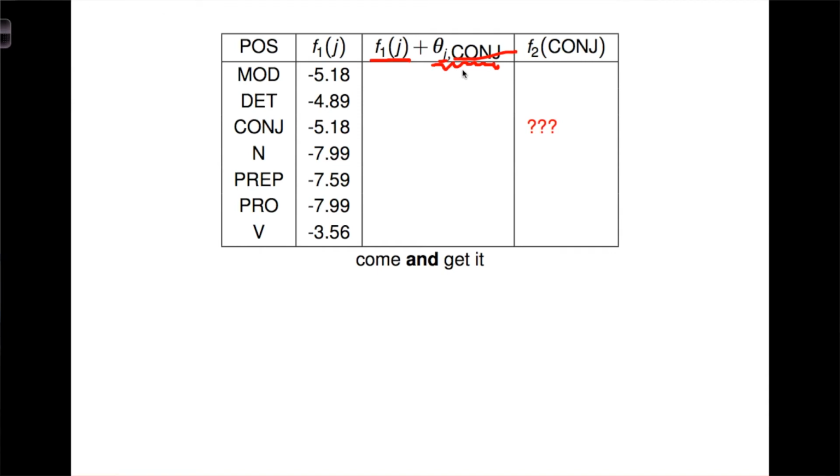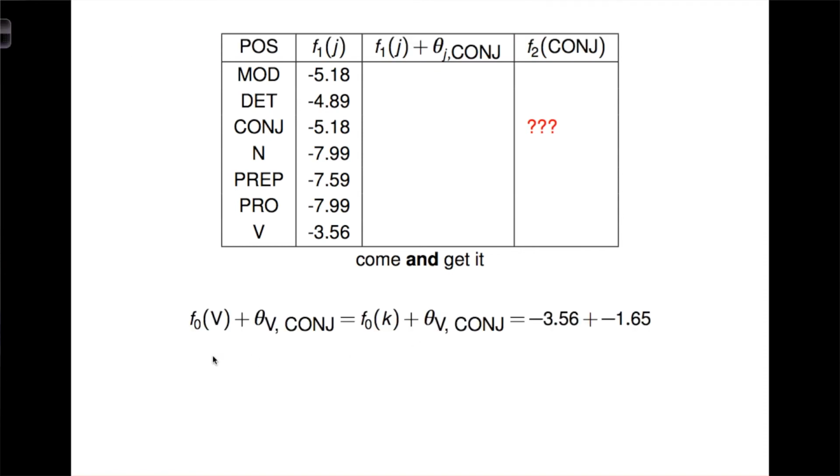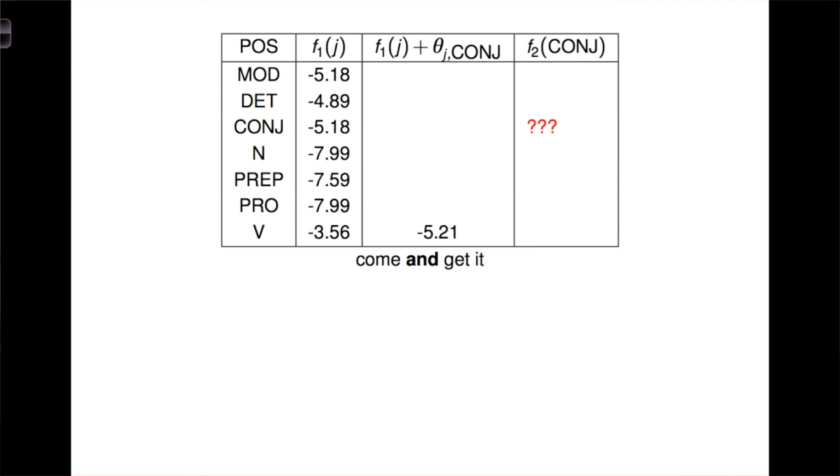And so we're just going to fill in the conjunction score of the second position of the table for the moment. To go from verb to conjunction, we add in negative 1.65, and we get the score of negative 5.21. For other parts of speech, these scores are all going to be far less, and because we're going to later take the max, we can forget about those for now.